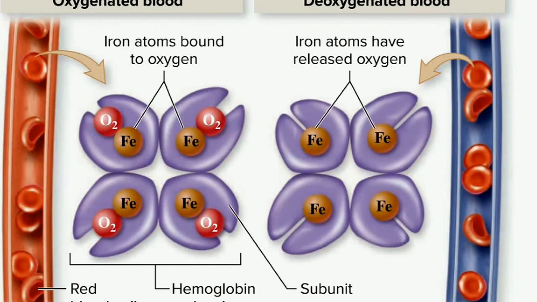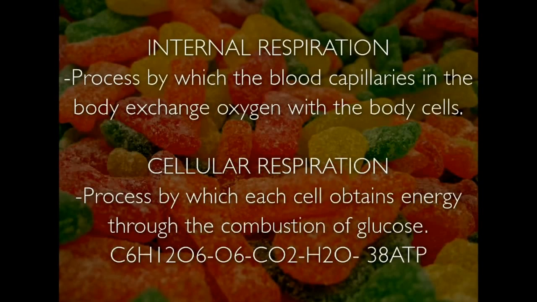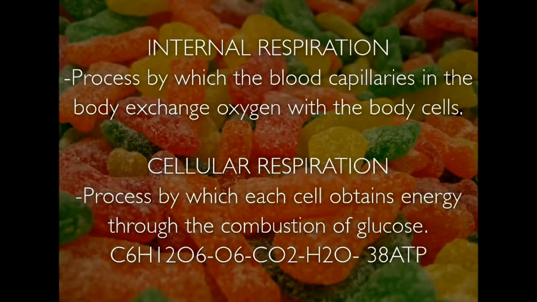Each and every RBC possesses hemoglobin, and one hemoglobin molecule consists of 4 iron atoms and transports 4 oxygen molecules. Hemoglobin transports both oxygen as well as carbon dioxide.